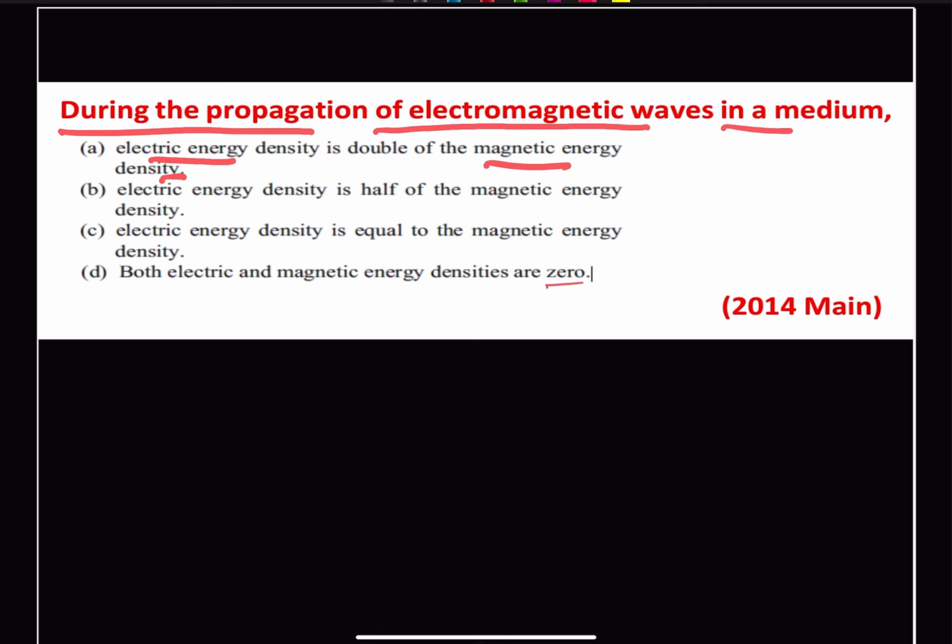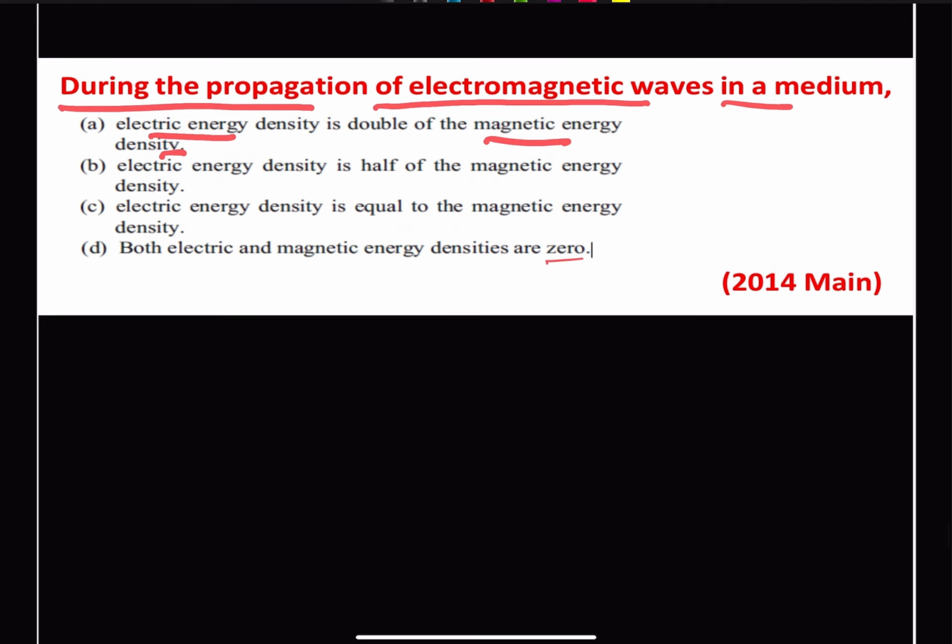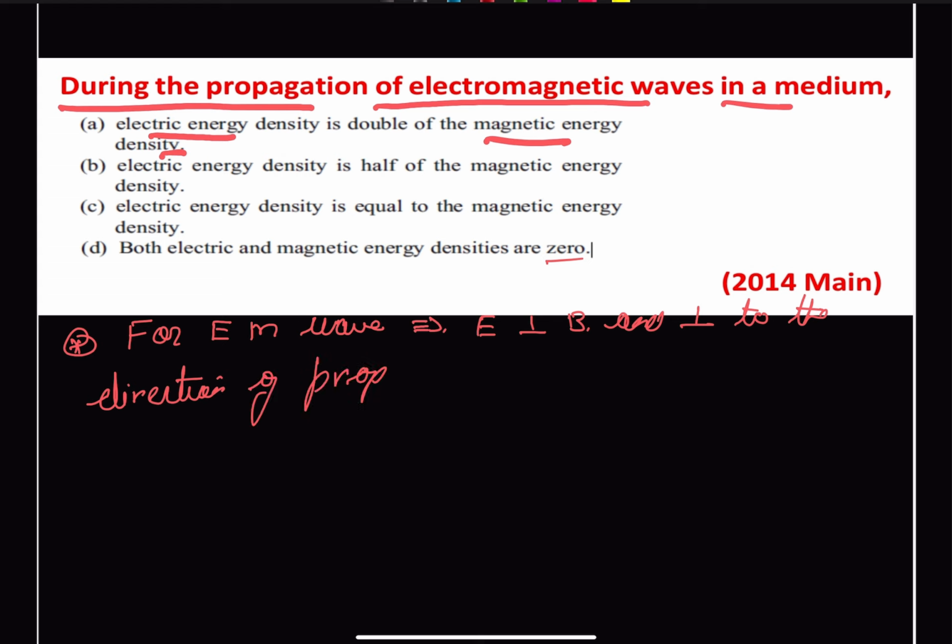So in this case we have to remember, this is general information, that for an EM wave the electric field is perpendicular to the magnetic field and they are also perpendicular to the direction of propagation.